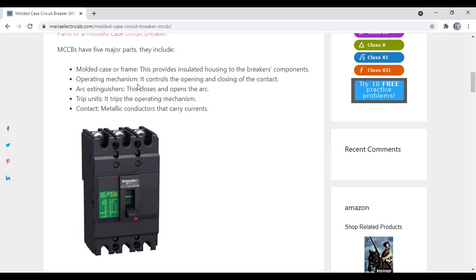Okay. Next, operating mechanism. It controls the opening and closing of the contact. Yesterday we had discussed the working of MCB. Same thing. It will open and close. When will it be closed and when will it be open? Can anyone tell?